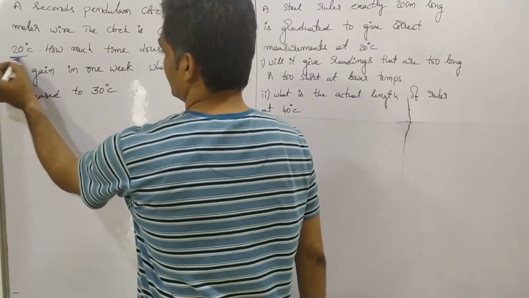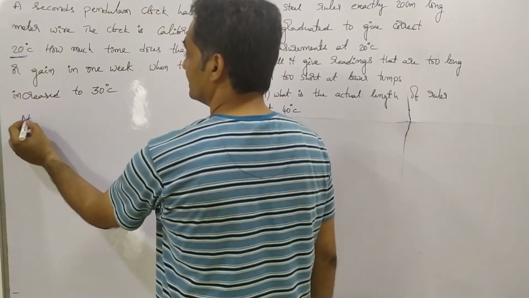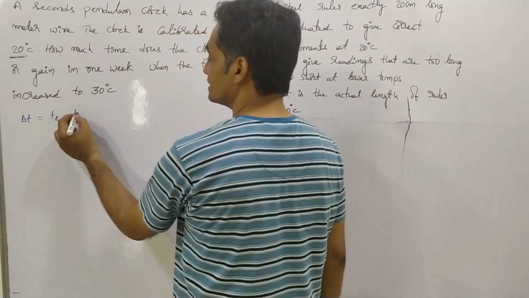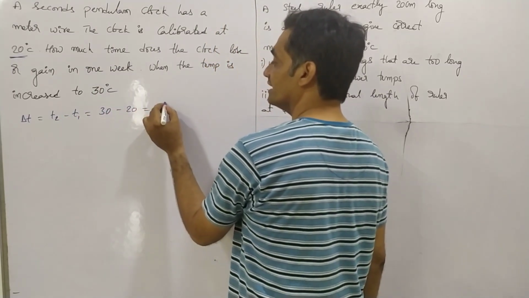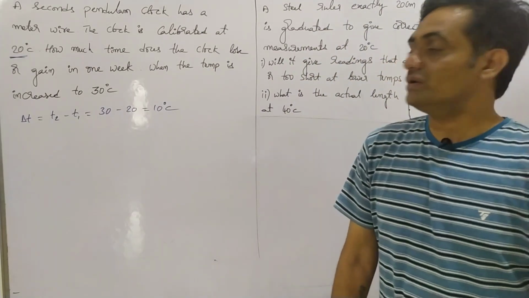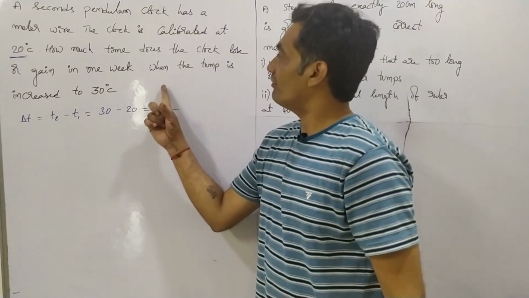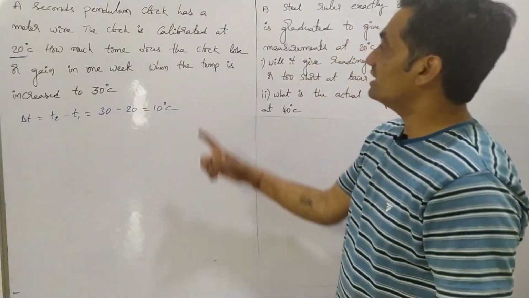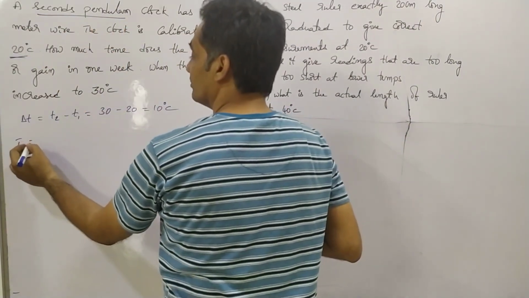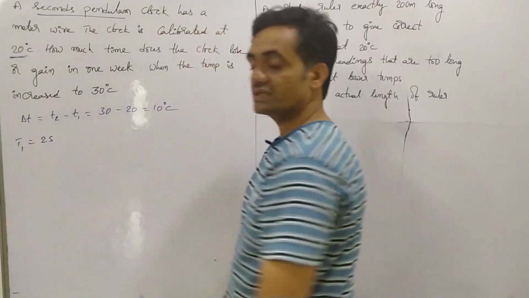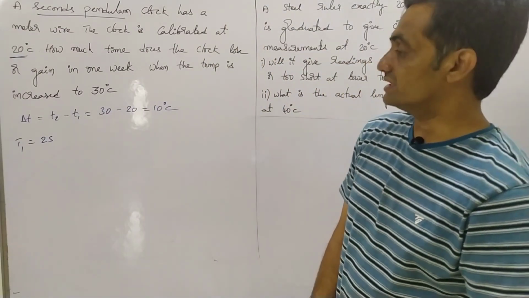Initial temperature is 20 degrees Celsius and then the increase in temperature is T2 minus T1, nothing but 30 minus 20 equals 10 degrees Celsius. So now here we have to find the final time period. Since we had considered a seconds pendulum, the initial time period is 2 seconds.